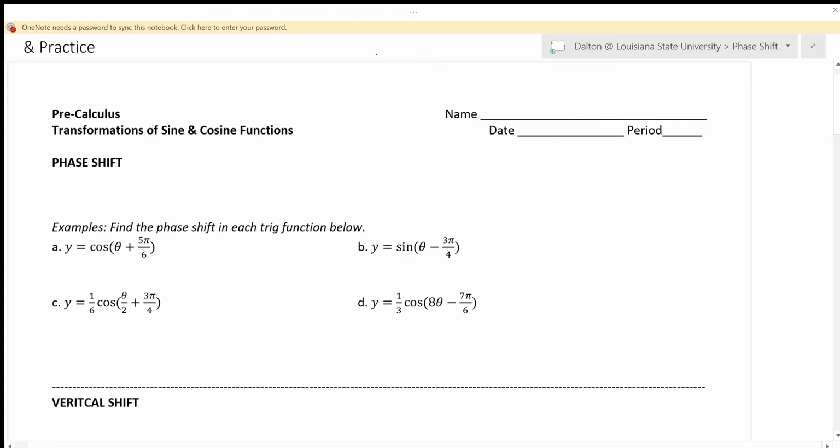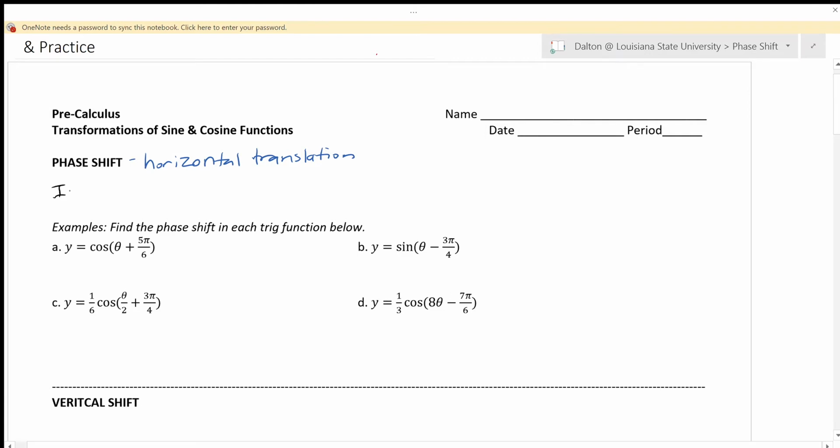Okay, so for phase shift, this is just a fancy word for horizontal translation. So you can go ahead and start writing now. Phase shift is just a horizontal translation. Okay, so here's what it means.